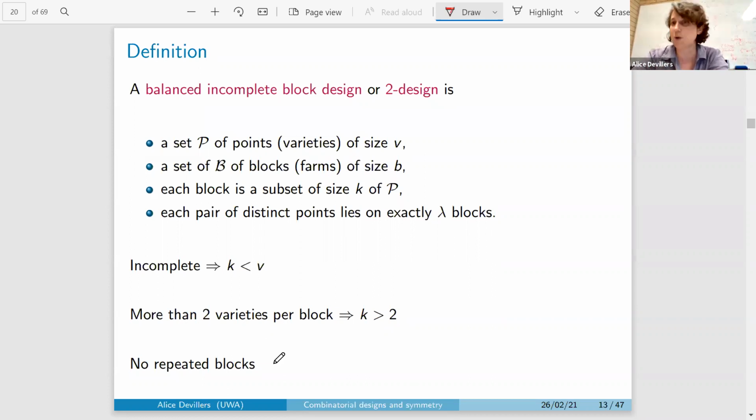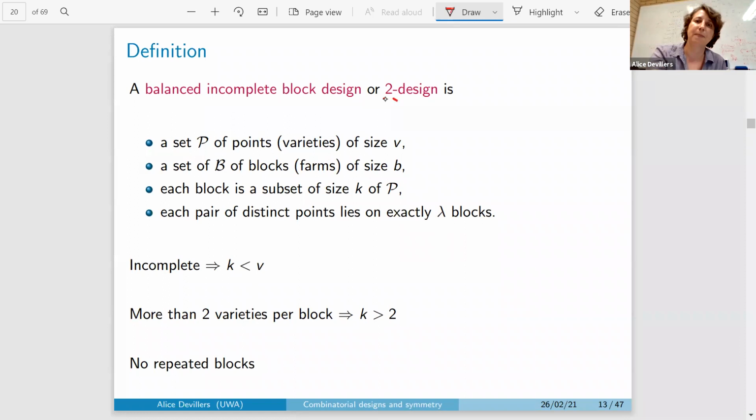It might sometimes work well to have 2 farms that have the same varieties in 2 different locations. But here, I'm going to assume I don't have repeated blocks. That means if I take 2 different farms, they haven't planted exactly the same varieties. So this is a 2-design, and that's because I compare pairs of distinct points.